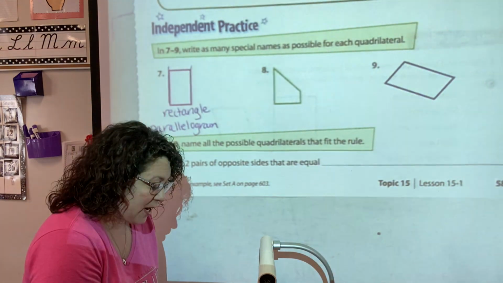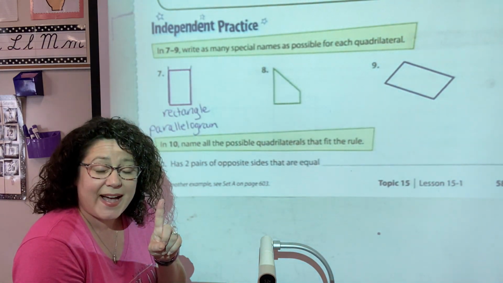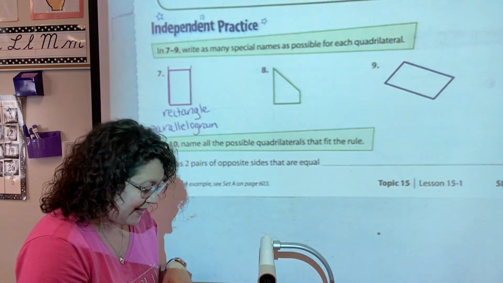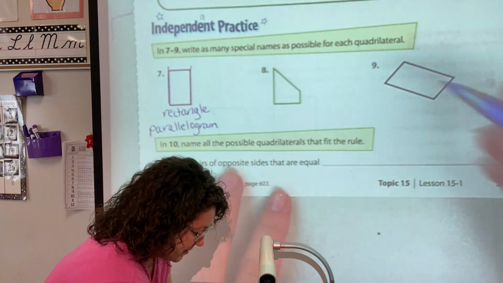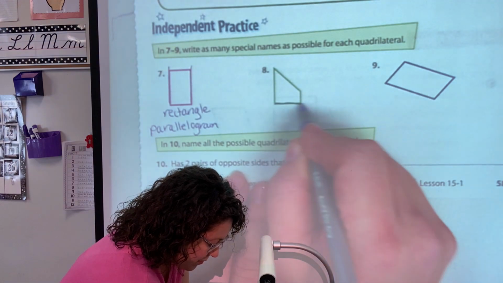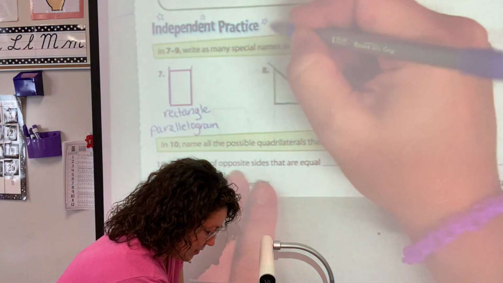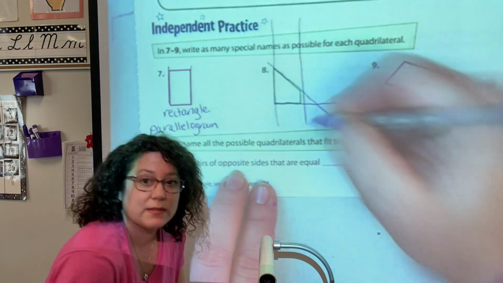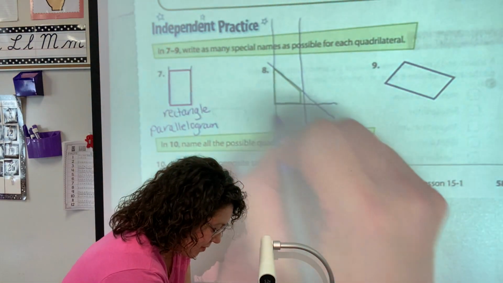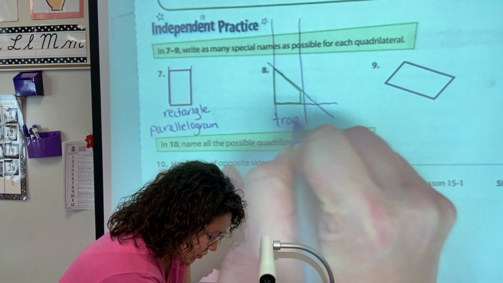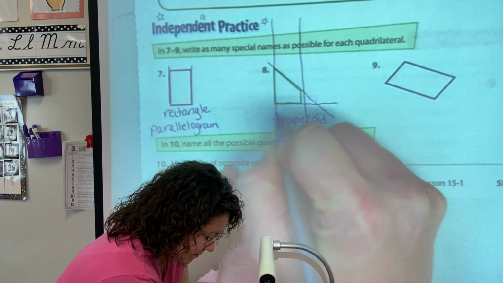Nope. Trapezoid, only one set of sides that cross. Those will cross. Will those ever cross? Nope, so yep, we are left with trapezoid.